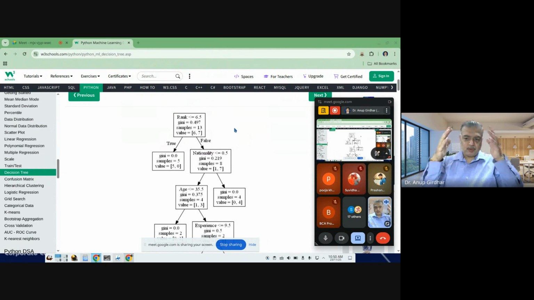Let us suppose we have a lot of data, and based on that data we need to decide whether the condition is true, or based on multiple or nested conditions, right? We need to identify the probability, and the higher the probability, the better the decision-making model.